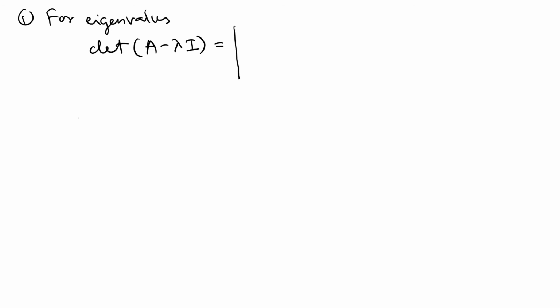For eigenvalues, the determinant of A minus lambda I equals, we're going to subtract lambda from the diagonal entries: negative 4 minus lambda, 1, 1, and then 1, 5 minus lambda, negative 1, and then 0, 1, negative 3 minus lambda.